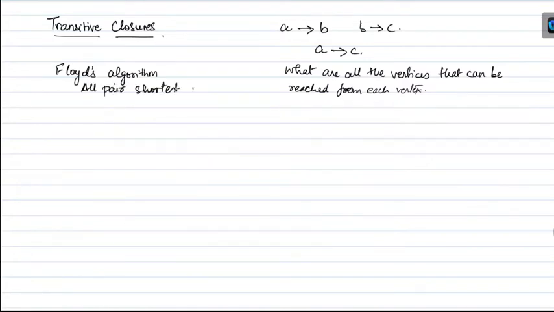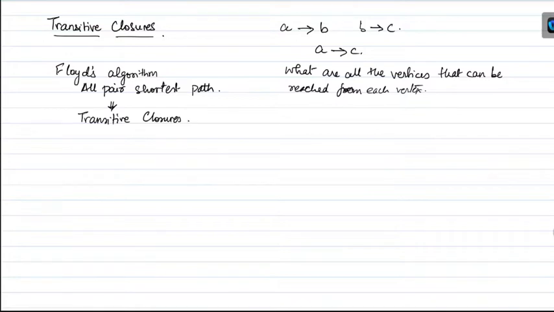So if you want to know the shortest path from every source to every destination, you can use Dijkstra's for that also, but Floyd's algorithm is more efficient, right? So we'll talk about this algorithm, okay? And we'll see how Floyd's algorithm works for all pair shortest path, and then we'll just map it to transitive closures, okay? Just by changing the operations, it can give you the transitive closures.